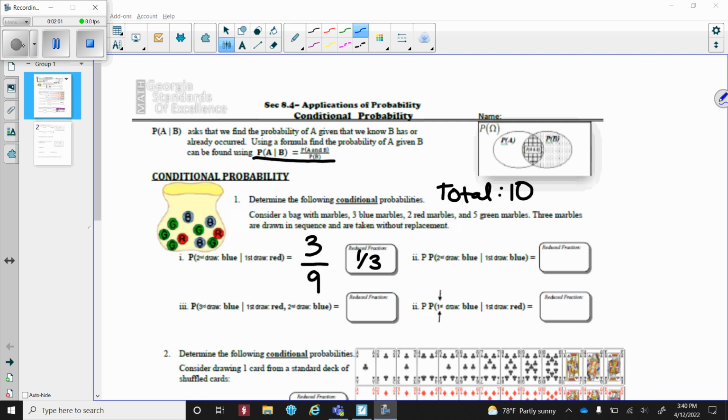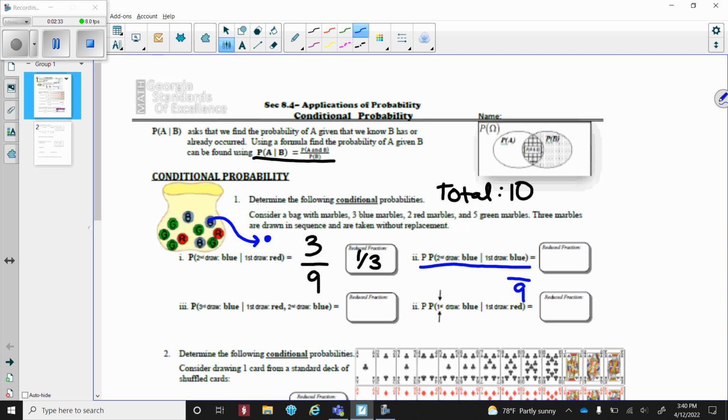Now let's do something similar for question number 1, subsection 2. We're trying to find the probability that the second draw is blue, given that the first draw is blue. So if my first draw is blue, that means one of these blues comes out, it's no longer in the bag. And as we mentioned earlier, the total is going to go from 10 to 9. 9 is going to be in the bottom of my fraction.